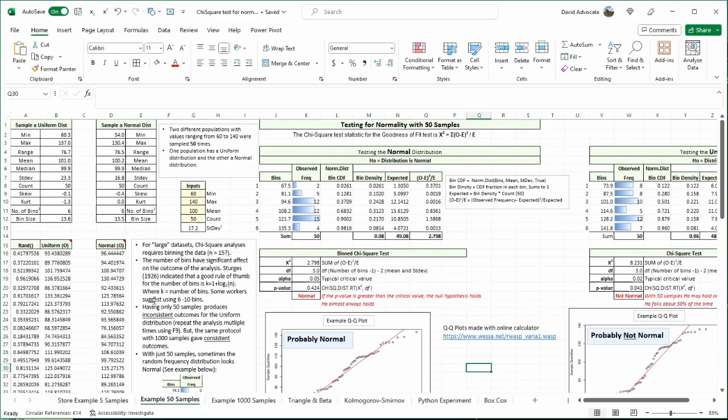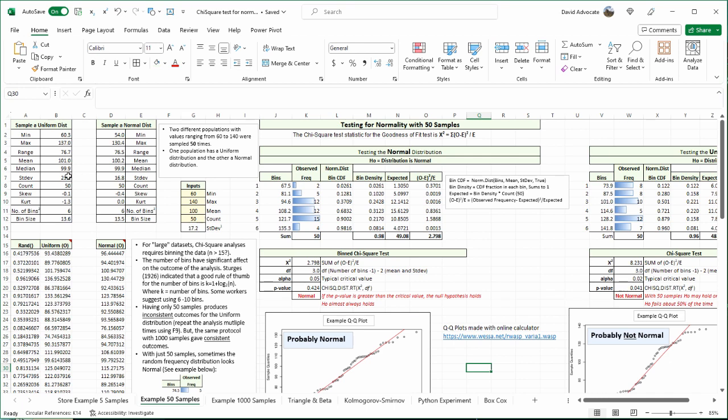For example, with 50 samples ranging from 60 to 140, one population is uniform and the other population is normal. We can look at the statistics from our 50 samples. For the uniform, we can see that the mean and the median are very similar, so it's symmetrical.